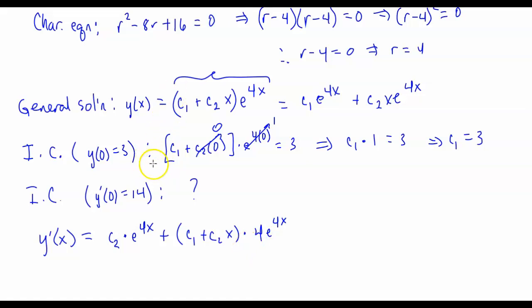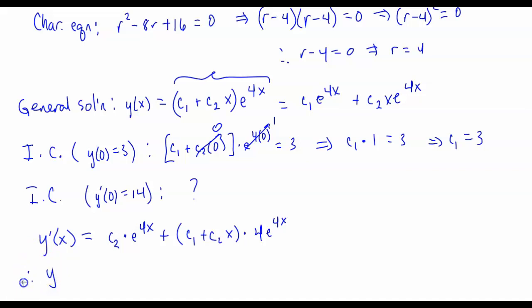Now, we don't need to rewrite this y prime of x in a nice fancy way. So what we can do here is actually use what we have in this form to get our second equation, or in this case, our second coefficient C2.